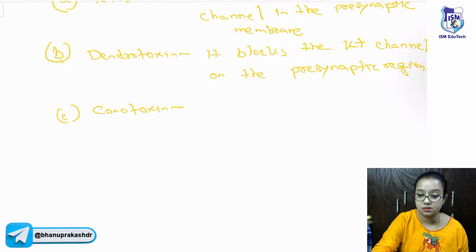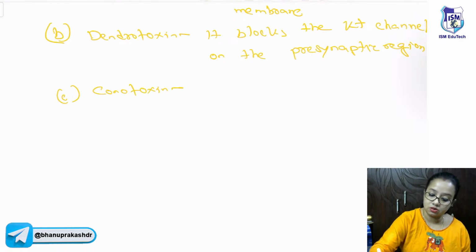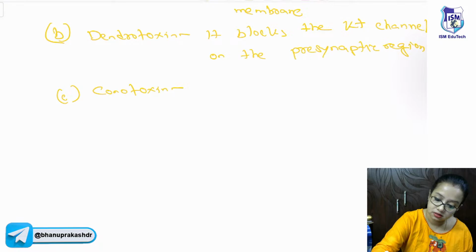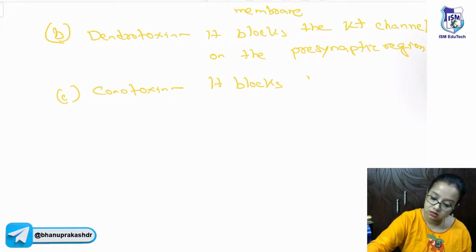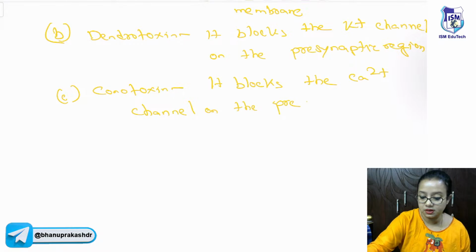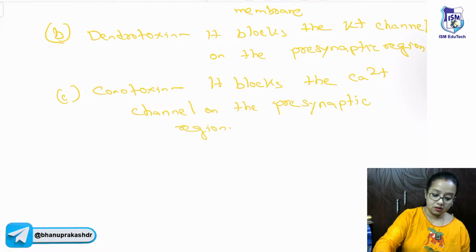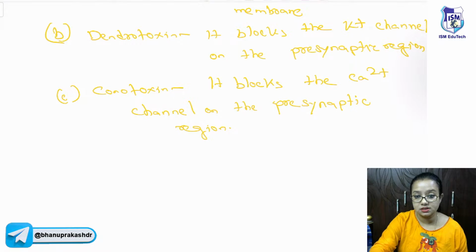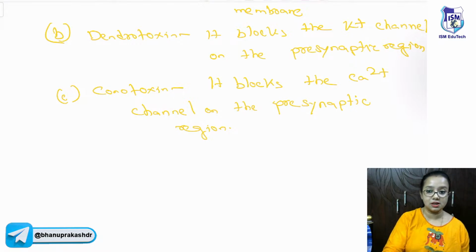It is a toxic substance that is derived from the snail. This conotoxin blocks the calcium channel on the presynaptic region. Okay, so we have understood the neuromuscular junction and we have also understood its clinical application.